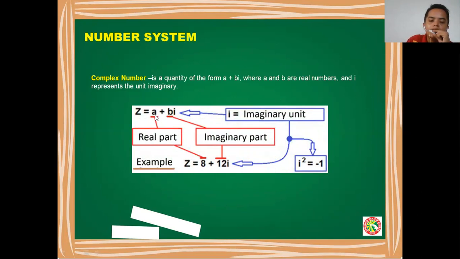So a is the real component and b is the imaginary component of the complex number, where i is the imaginary unit and i is equal to square root of negative 1. For example, 8 plus 12i. So 8 is the real component of the complex number and 12 is the imaginary part or component of the complex number.